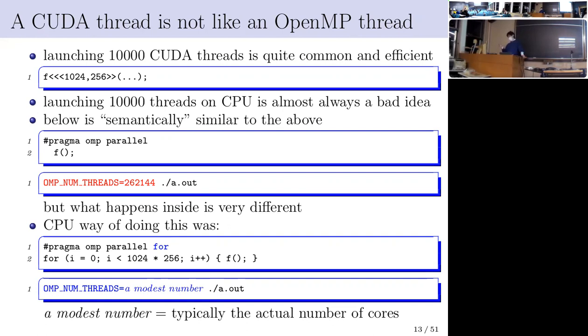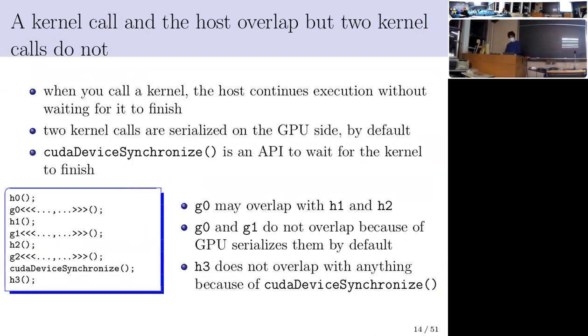The operating system intervenes in each of the threads from time to time and switches between them using software. It is not efficient, and it is never more efficient than just having only a couple of threads at each core. So that's the primary reason why you almost never want to do something like this. But CUDA is different. GPU is different.